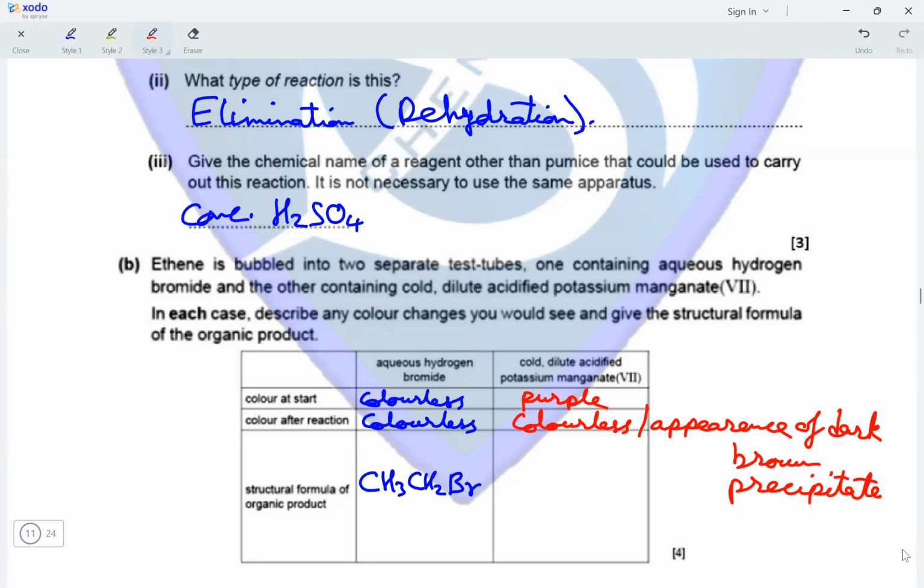Since both of these reactions are possible, both of them have been listed here. And structural formula of the organic product, this will be a diol. So it will be ethane 1,2-diol. So OH, CH2, CH2, and OH.